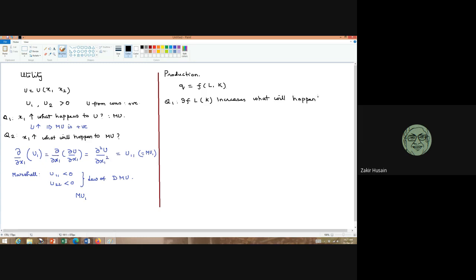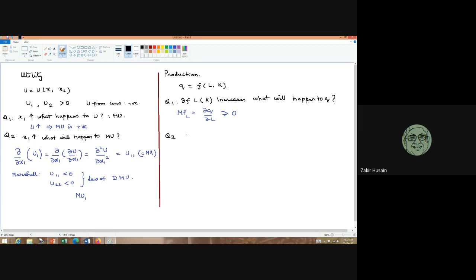Instead of that, we can also ask, if K increases, what will happen to Q? Increase. Yes, and the answer is given by the marginal product of labor, which is equal to dQ by dL. And we assume that this is positive. Output will increase.